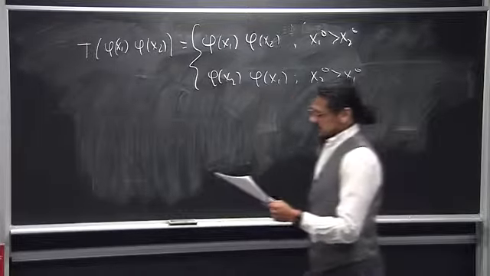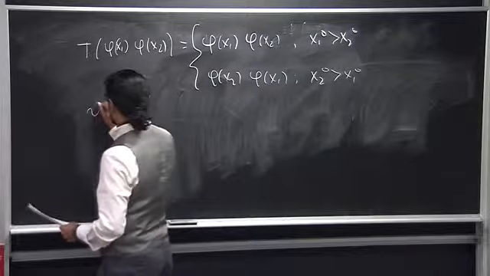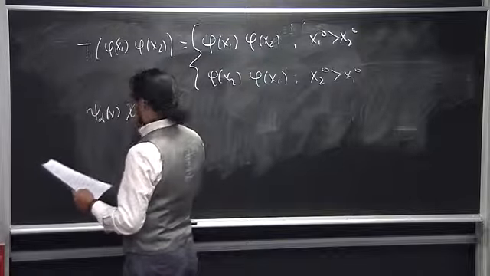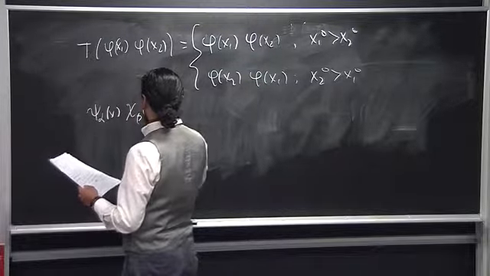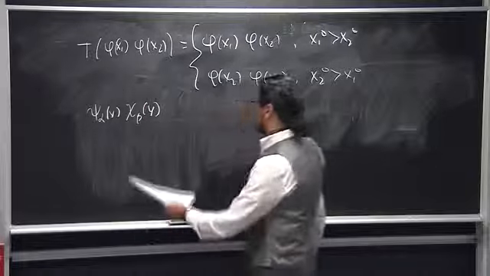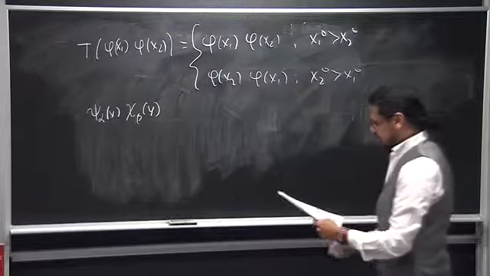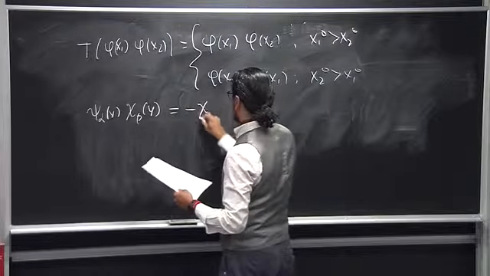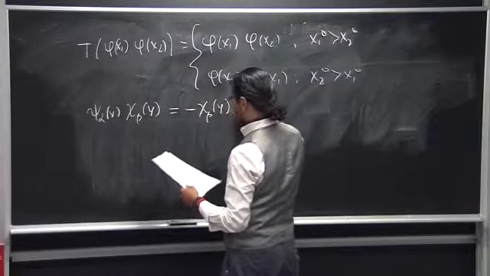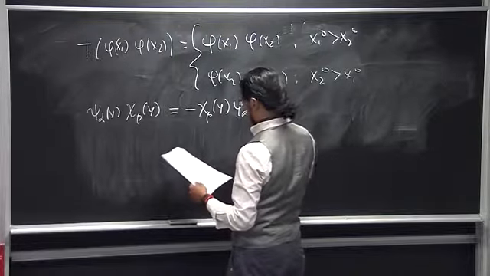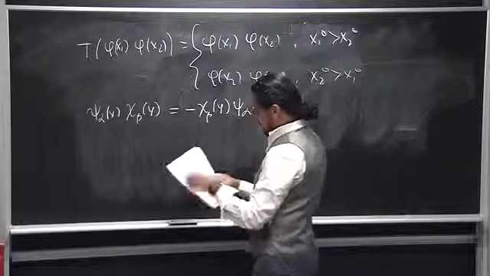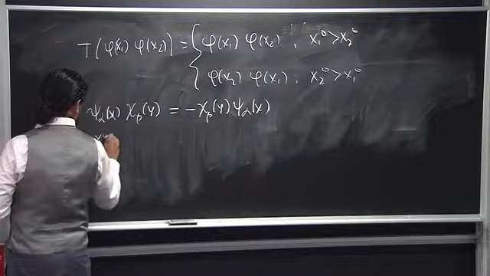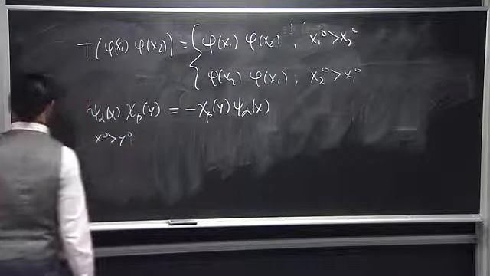In the case of fermions, this won't work because suppose you had two fermionic fields which anti-commuted. So all fermionic fields anti-commute, but I'm assuming that they don't have a delta function. Because they anti-commute by assumption, we could always write it like this. Now suppose that x naught is greater than y naught.